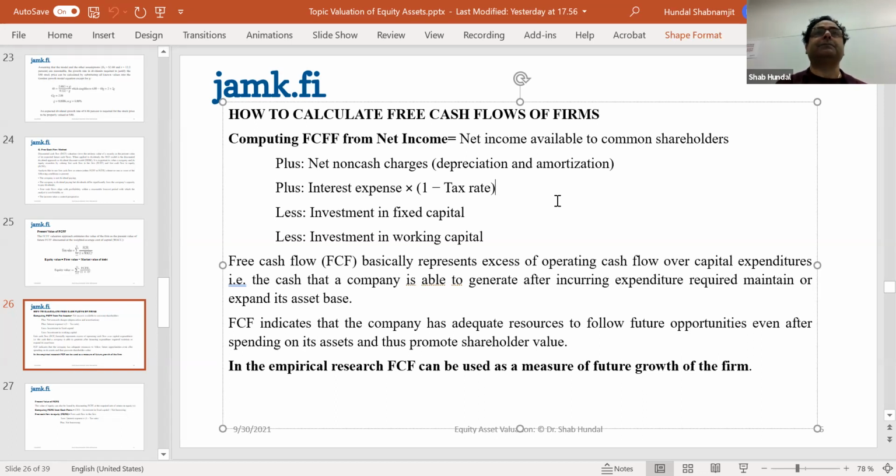I'll give you a hint. Those students who would be writing the thesis and who want to also bring into the discussion the growth orientation of the company, how much the company is growth oriented, can use this variable, free cash flow divided by total assets ratio, as a measure of their growth orientation.